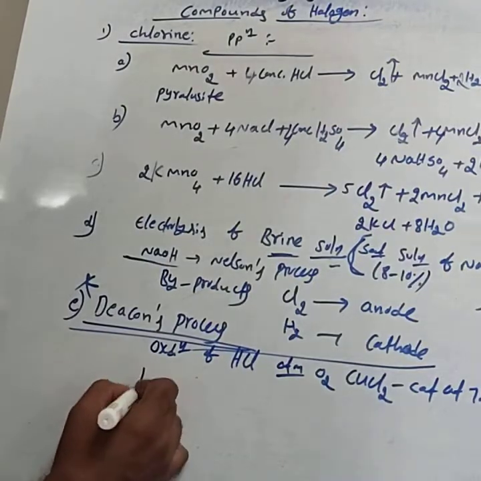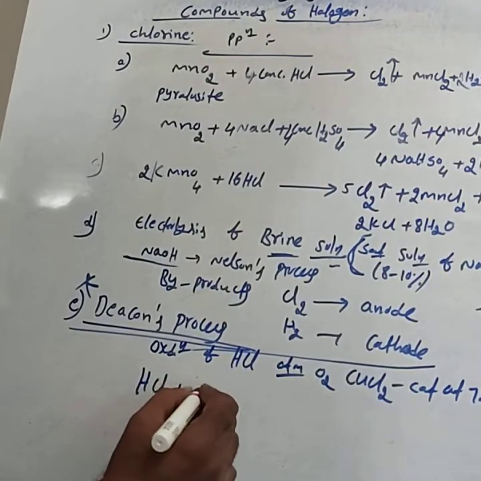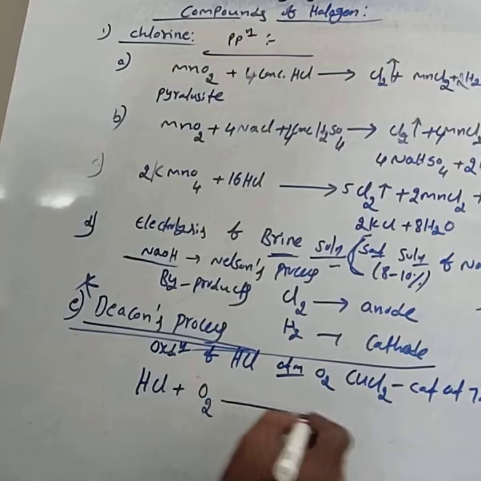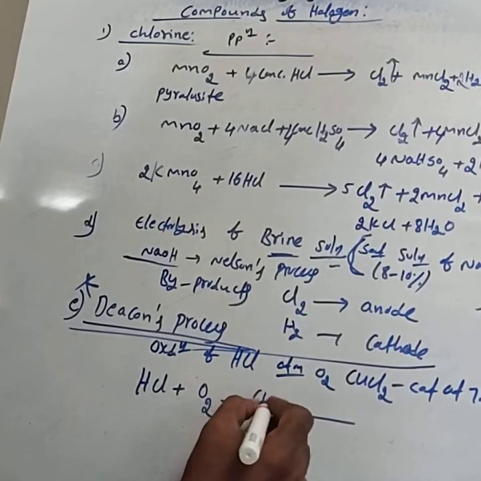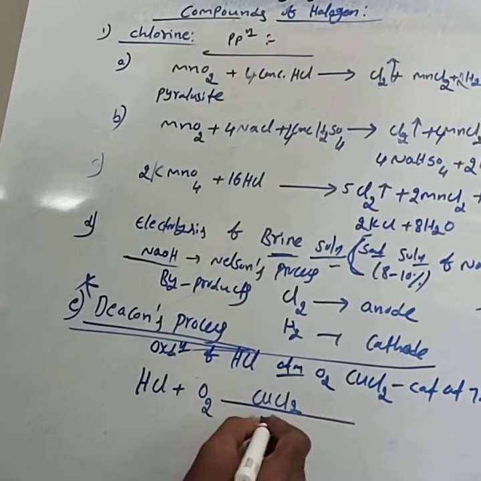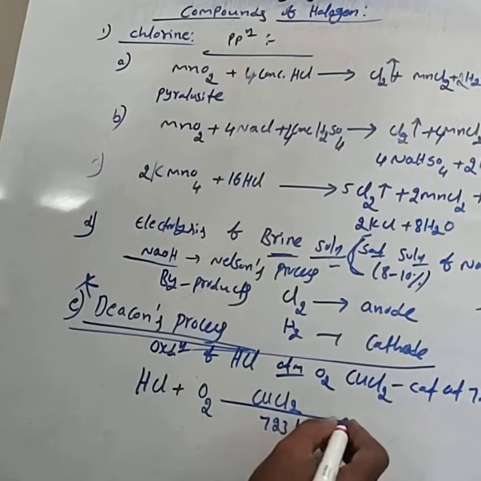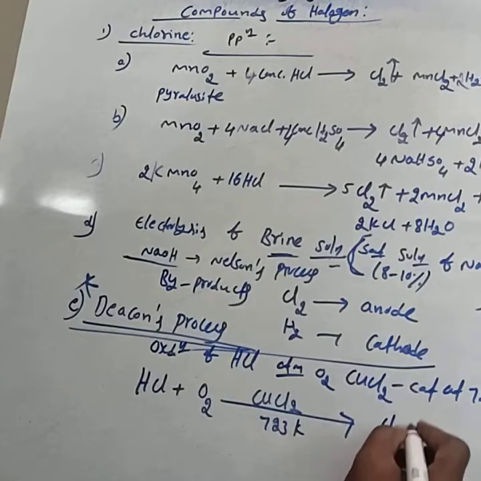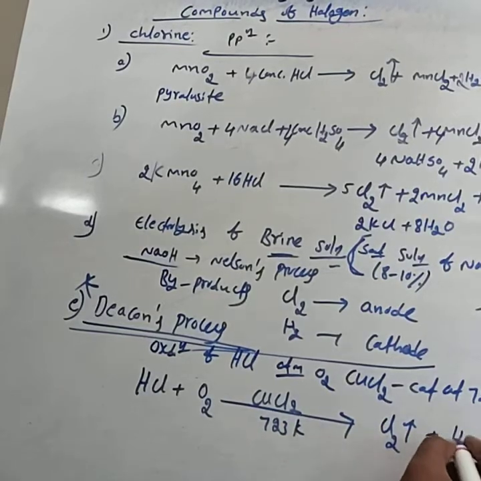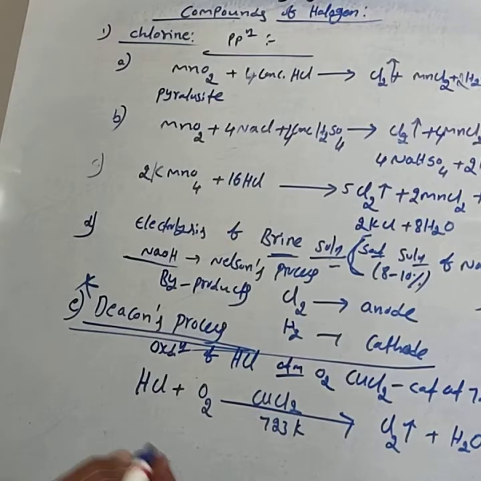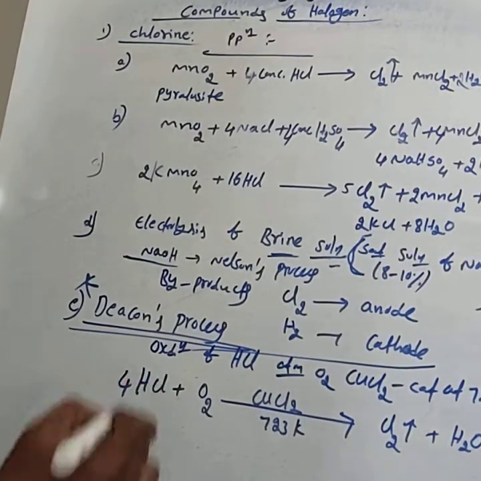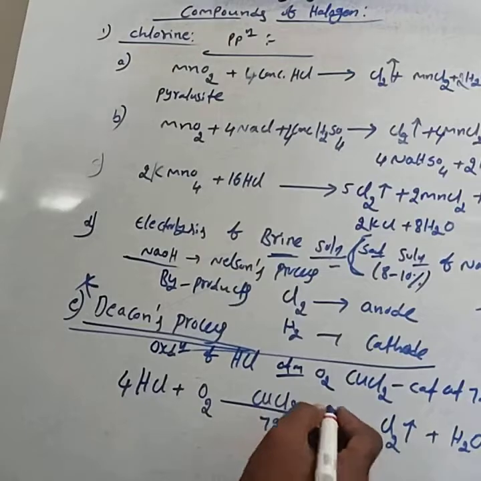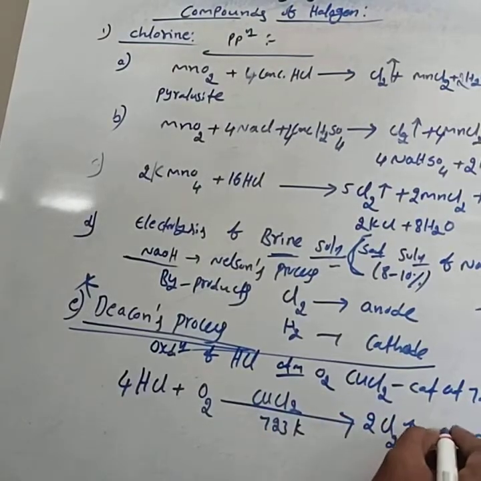We have to write the reaction: HCl plus atmospheric oxygen, O2, and on the arrow you mention CuCl2 at 723 Kelvin. The product formed is dichlorine, liberating H2O. Then balance the reaction: 4HCl plus O2 gives 2Cl2 plus 2H2O.